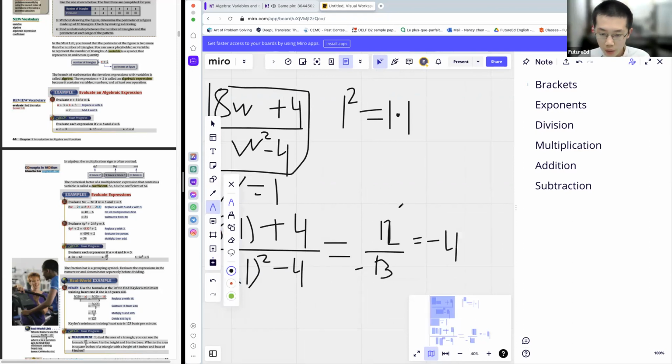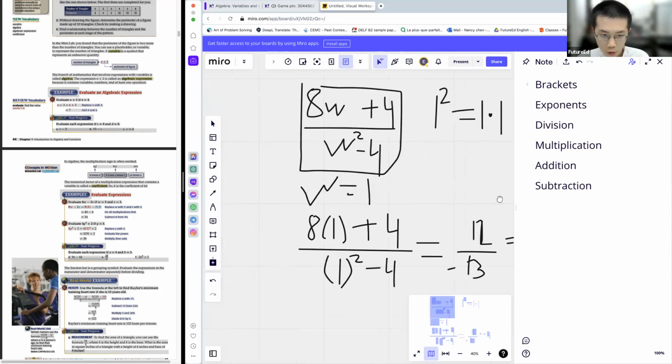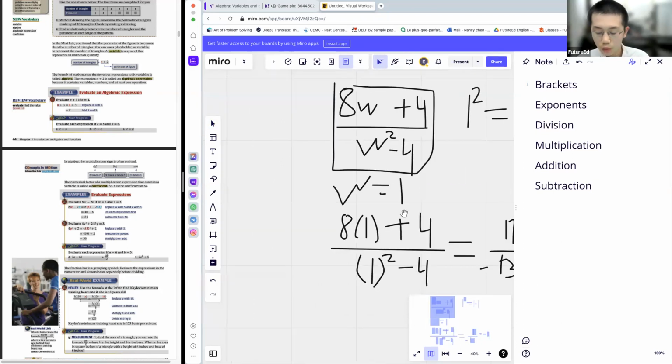If you look at what we just did, the first step was we substituted 1 into every w. So every time we saw a w, we said that's 1. So 8w, we switch out the w for 1, so that's 8 times 1 plus 4. You notice that we didn't exactly follow BEDMAS here.